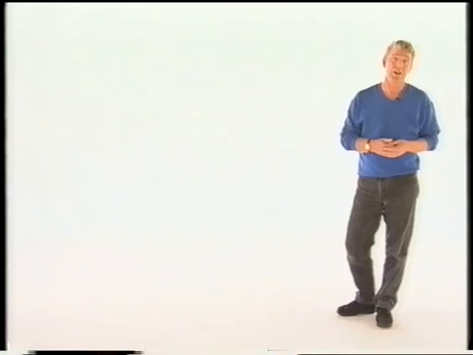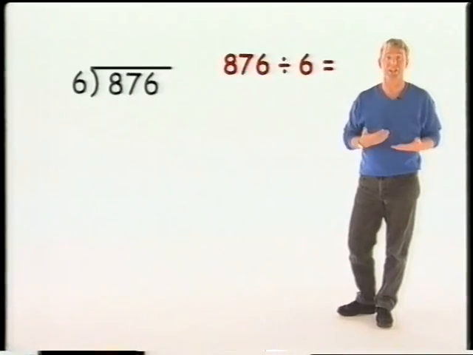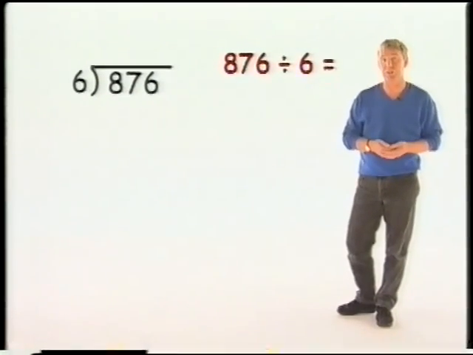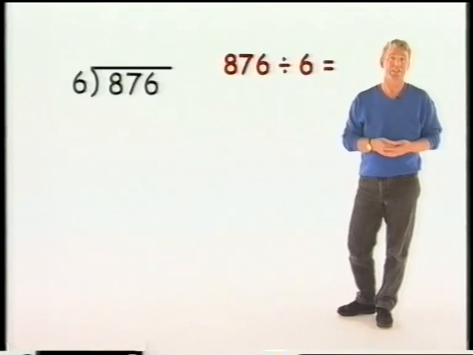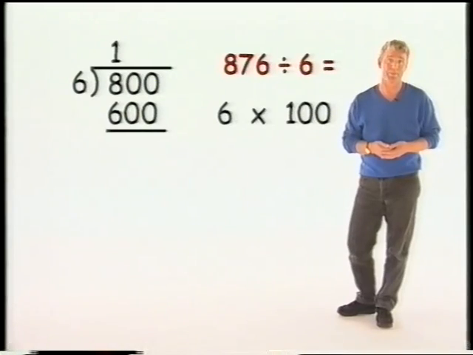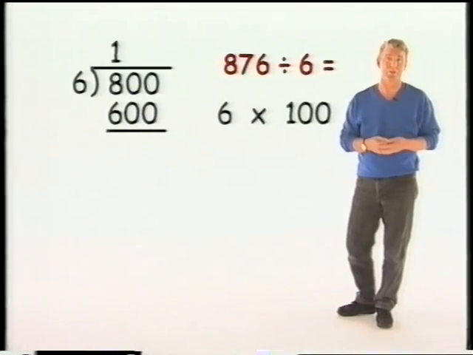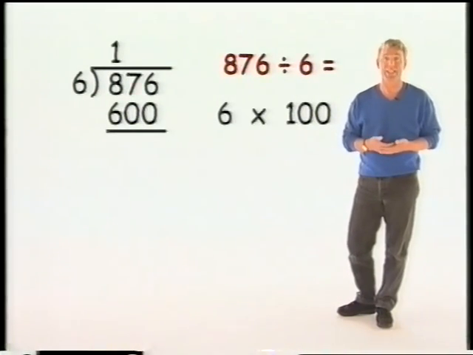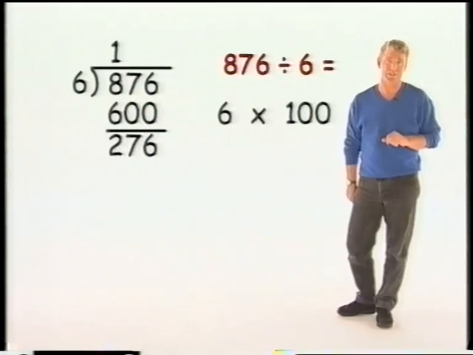To start with, write 876 divided by 6 as a long division. 6 into 800 goes 100 times. 100 times 6 is 600. Subtract 600 from 876, leaves 276.